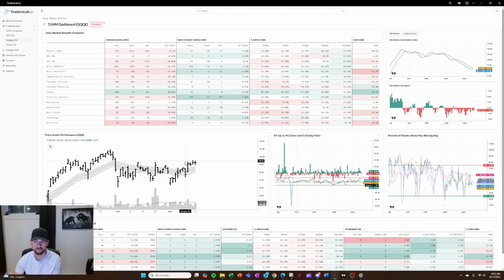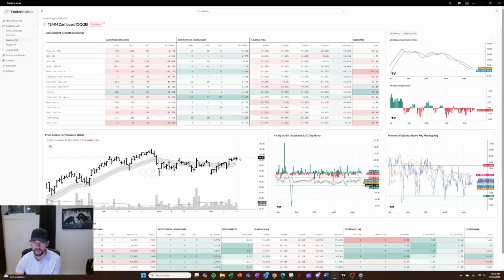Right now I'm still seeing that action as pretty constructive into FOMC. We have 3 days tight just above the now rising daily structure, and we're retesting those highs, tidying up before maybe a breakout or a rejection.